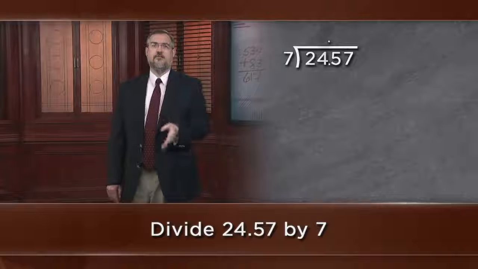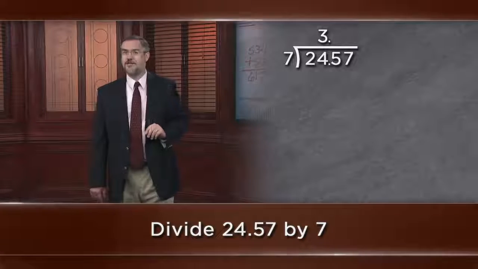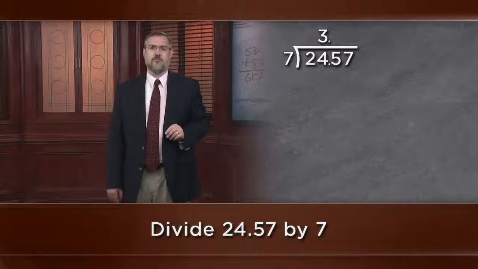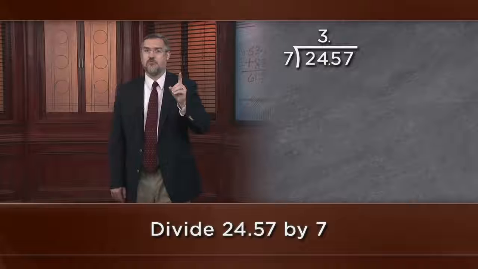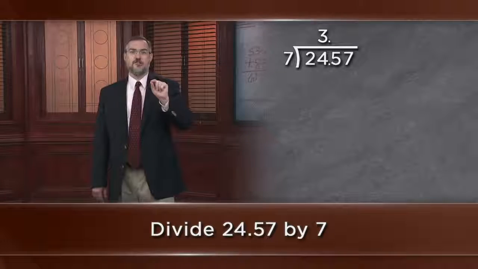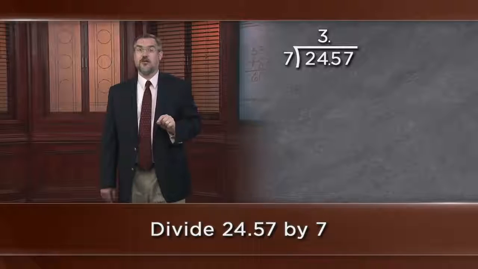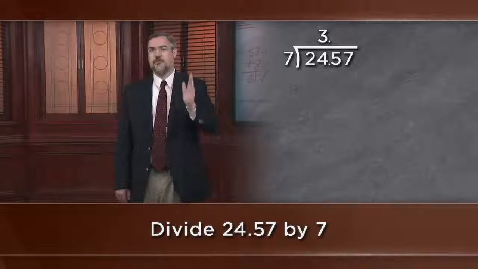Well, that's 3 because 7 times 3 is 21, while 7 times 4 is 28, and 28 is bigger than 24. So we now write a 3 in the answer section, and it has to be written above the 4 in 24. Remember, that 3 is the number of times that the divisor 7 went into 24, and that's why the 3 has to be written above that 4.